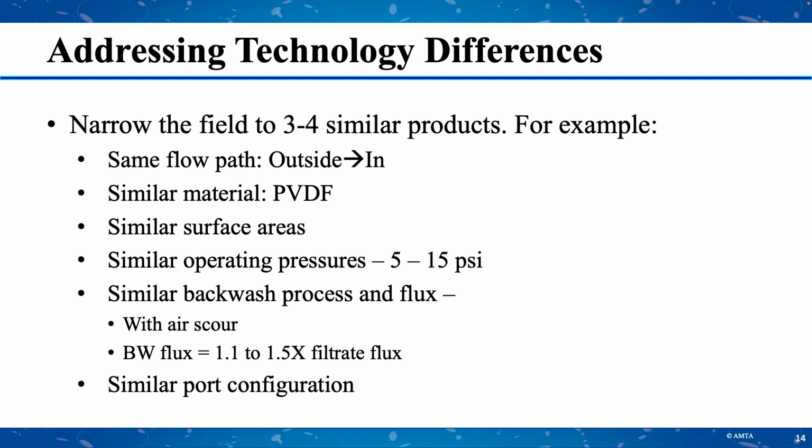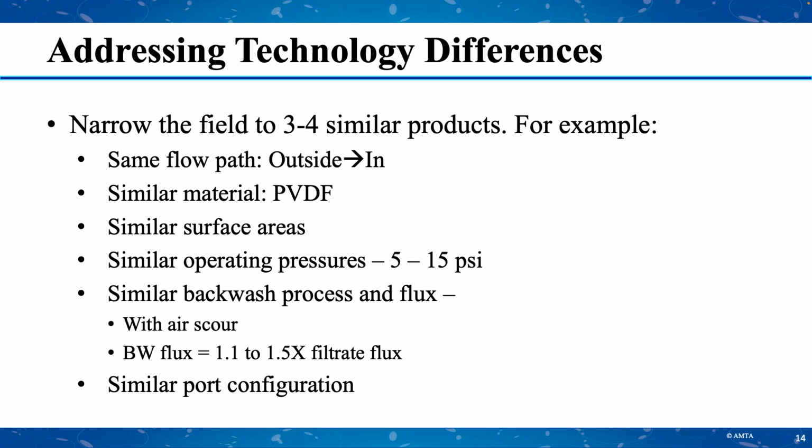And then if you can choose modules with similar surface areas, then you can reduce the number of spots that would be needed to accommodate all the different surface areas.